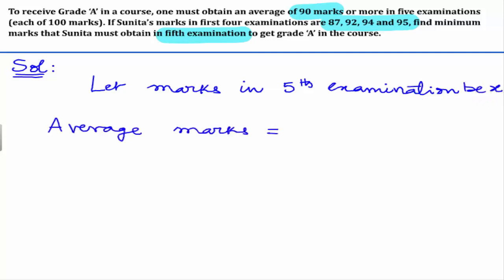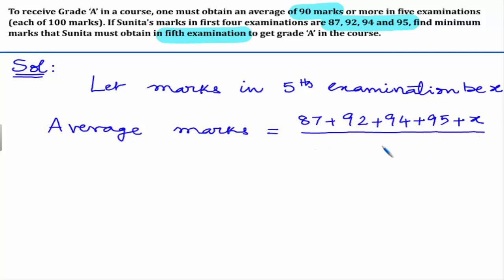Now let us find out the average of all 5 tests, which is (87 + 92 + 94 + 95 + x)/5, since in the 5th test there are x marks. This will give us (368 + x)/5.